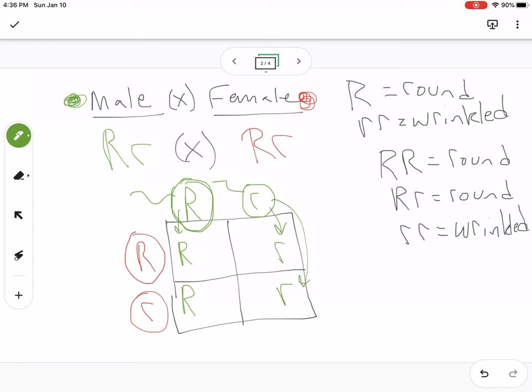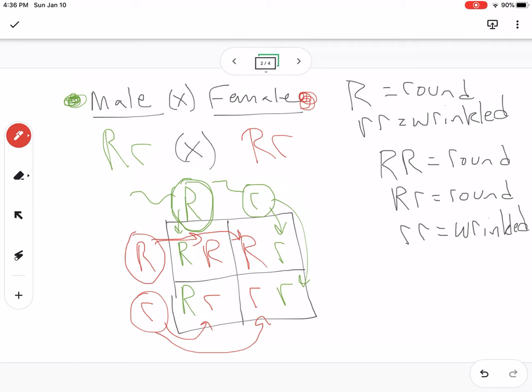It doesn't matter, you could put the female where the male is right now or vice versa. You're going to get the same combination. We're going to bring this across here and also all the way across here. So if they're on the top part, you bring them down. If they're on the left-hand side, you bring them across. A general rule of thumb is that you put the capital letter first.